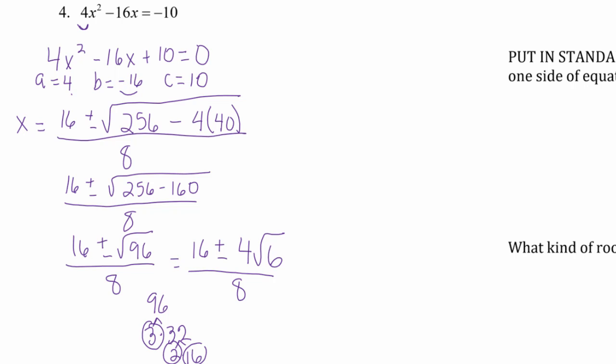And now we are going to look for factors, a GCF, greatest common factor in the numerator. We are not going to reduce terms. We're going to reduce factors. So 4 factors out, right? It's the greatest common factor. So 4 times 4 is 16. Plus or minus square root of 6 all over 8.